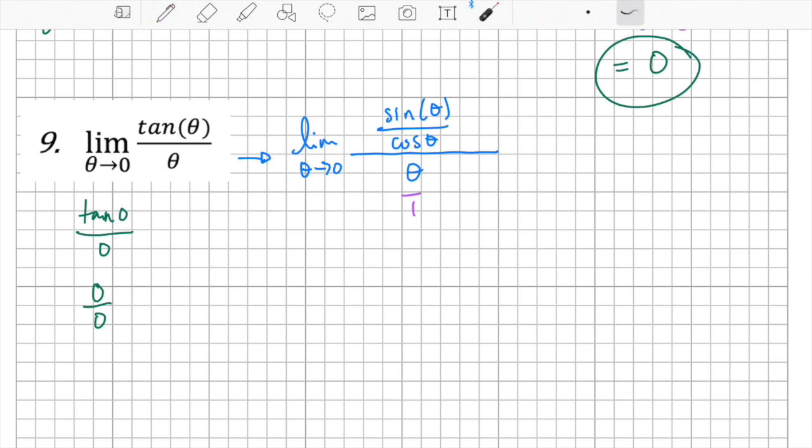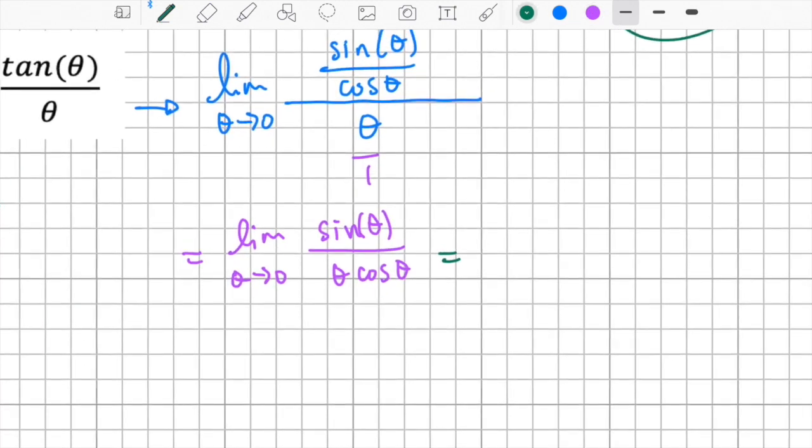So imagine theta being over 1. We can use that little trick that I taught you where you multiply these two and they go to the numerator, and then these two in the denominator. So it'll be limit as theta approaches 0 of sine theta over theta cosine theta.